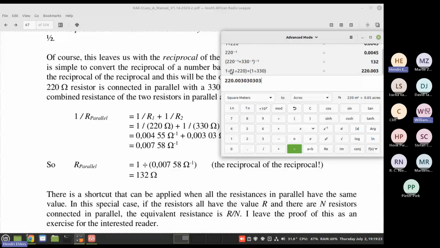The reason for that is I must put another set of brackets because I want to do this calculation first before I divide 1 by the calculation. So if I add a bracket in there and there, we get the correct answer. And then, of course, you can also do this whole thing that they've done here, but it's unnecessary. I would suggest that you practice with your calculator and be familiar with it.